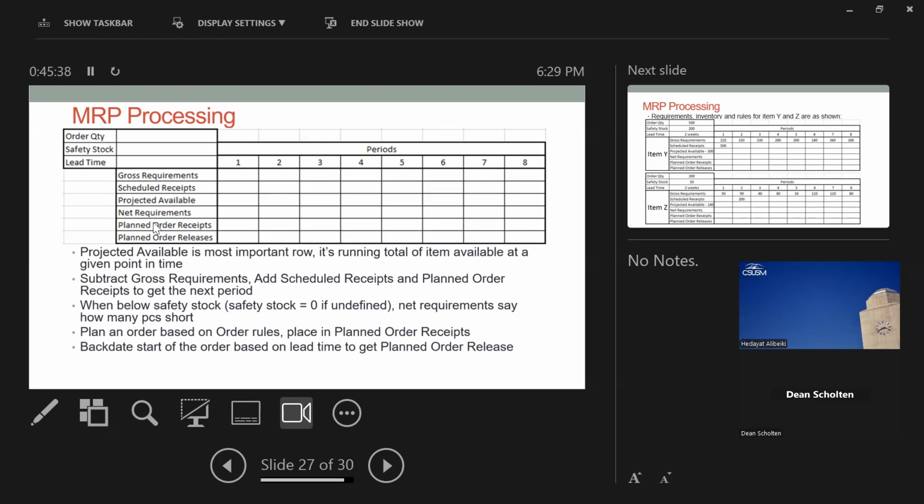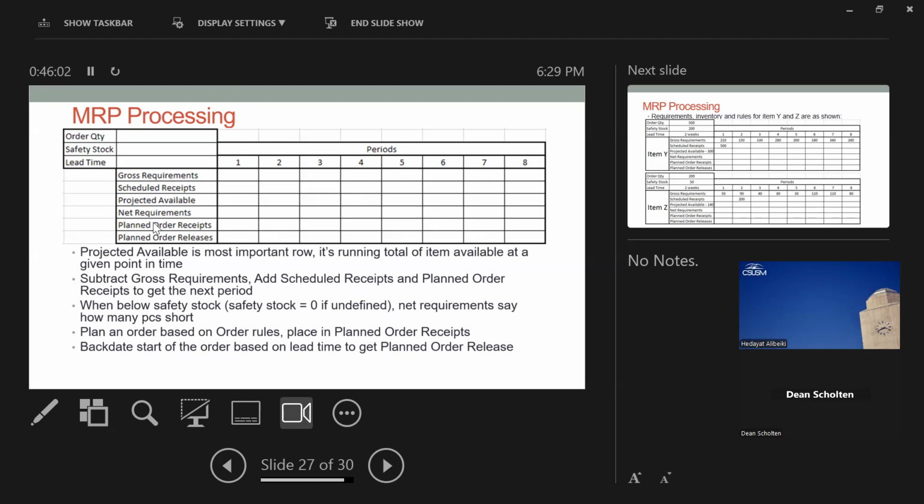Then there's safety stock, the amount that we need to retain in our stock consistently. Lead time is also the amount of time that it takes to get the item in front of us.